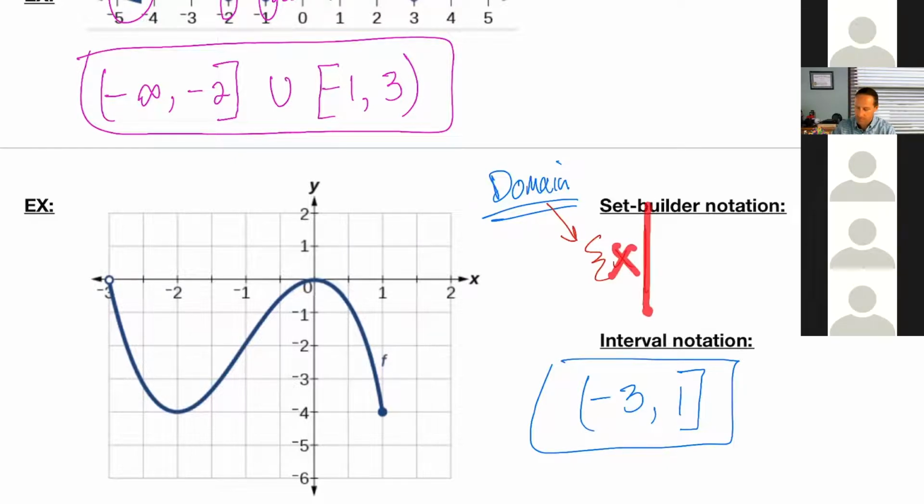x could be anything as long as we are to the right of -3, which, how would you say to the right of -3 in math symbols? How about that? Does that work? What does that symbol mean?